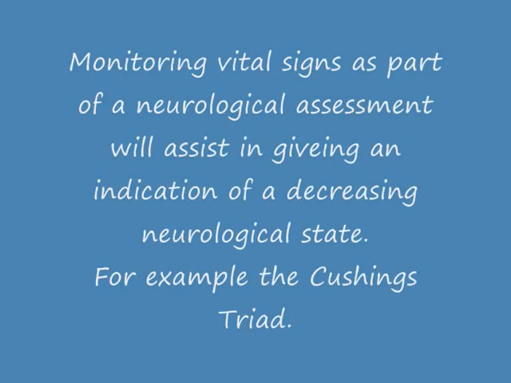A subsequent consequence of uncontrolled intracranial pressure is the Cushing's triad response. Three components of this are: 1. The pulse pressure widens and the patient becomes bradycardic. 2. Uncontrolled hypertension leads to significantly higher intracranial pressure. 3. The patient's respiratory rate and effort become irregular.